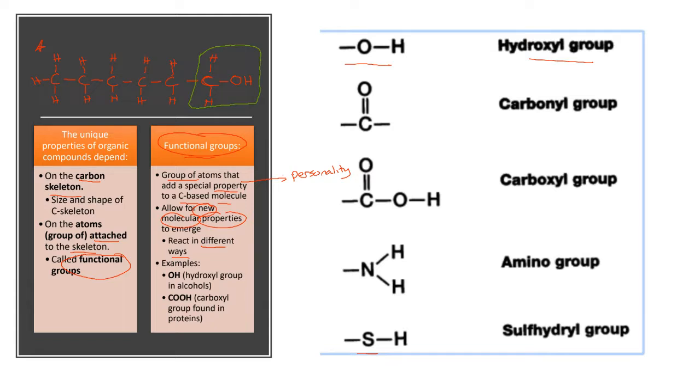Why can it be polar? Because if you remember from chapter 2, oxygen is electronegative. Oxygen is going to pull the electrons from the hydrogen, making it a little more negative, so this part of the molecule can probably even do hydrogen bonds with other molecules or with other parts of the molecule.